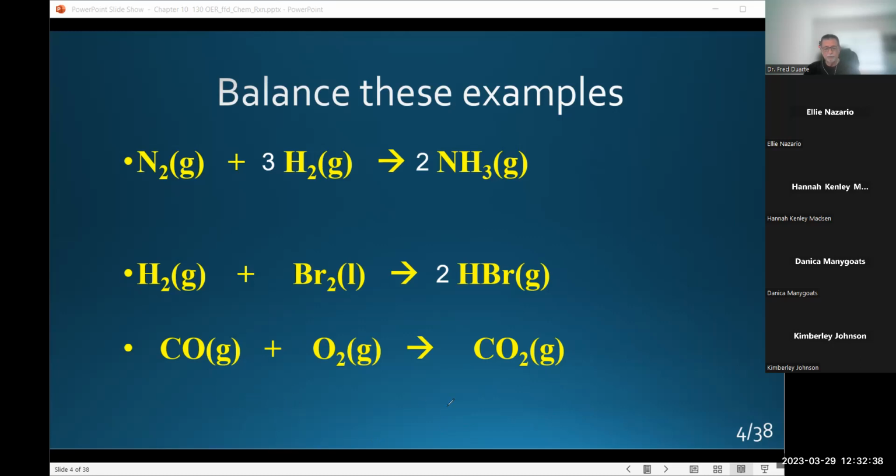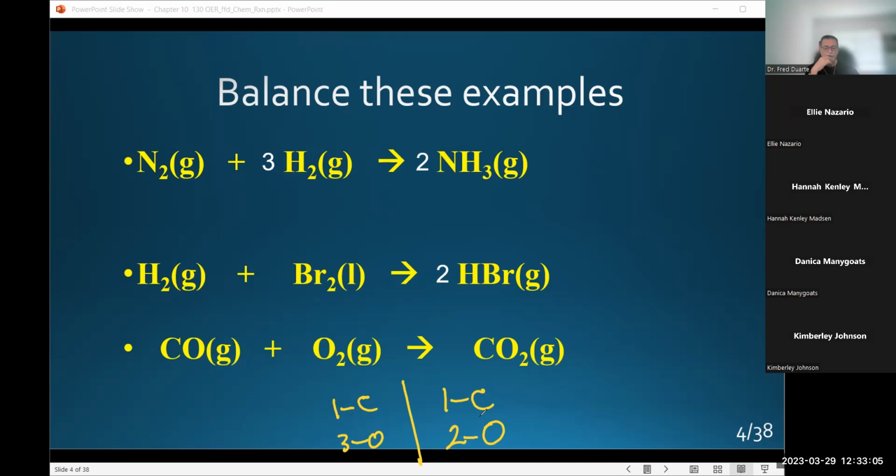Okay, so what do we have here? We have 1 carbon and 3 oxygens on the reactant side, and we have 1 carbon and 2 oxygens on the product side. Carbon's okay. What's not okay is the oxygen. So what could we do here? Well, there's a couple of possibilities.